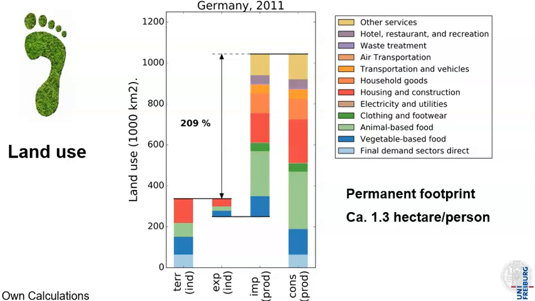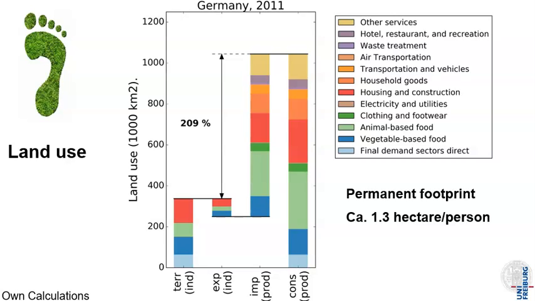An interesting example of the footprint for land is the aggregated land use of a developed country, here for Germany. So on the left side of this graph, we see the territorial land use in Germany and the different groups where it is used for. So we have direct land use by gardens, for example, we have land use for food, and we have land use for construction materials and timber production, for example.